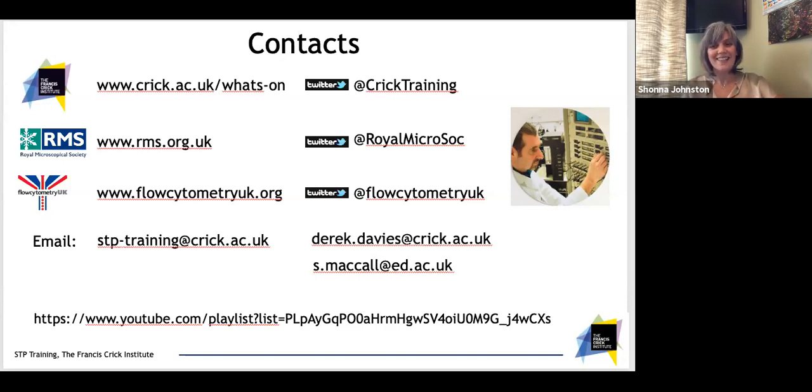I have to say, I think spectral flow cytometry makes a lot of sense. It does help that the software is pretty intuitive. And although in some regards you don't know what you can get away with, one of the things people are a bit worried about with spectral flow cytometry is that they think they're going to have to be more specific, or have better controls, or bring better samples and stuff like that.